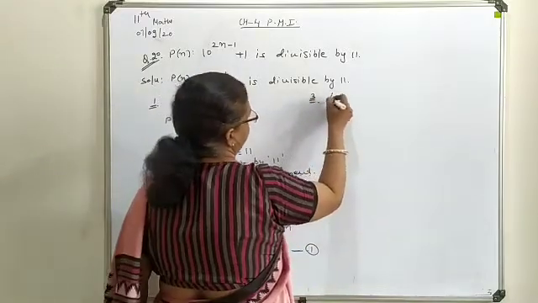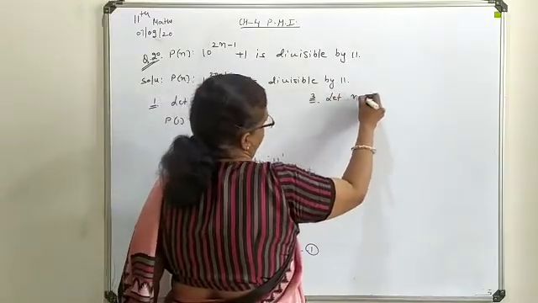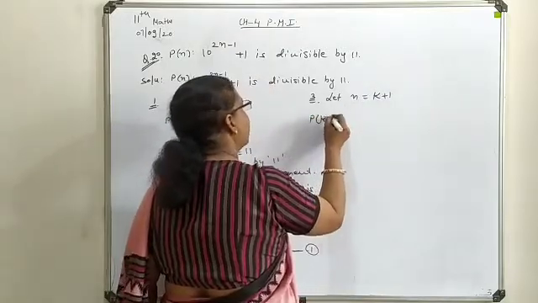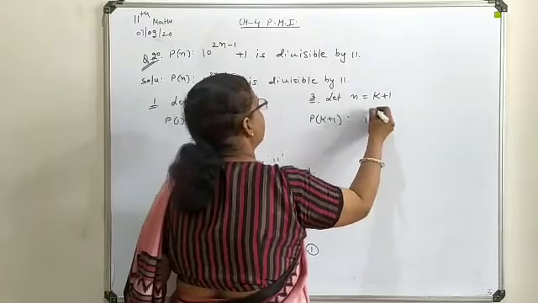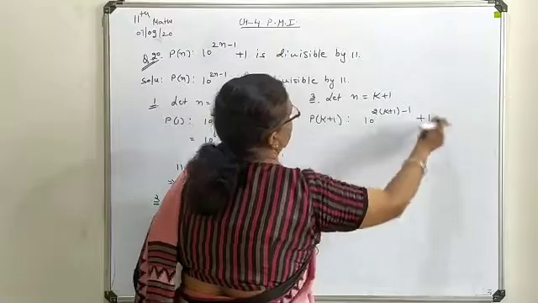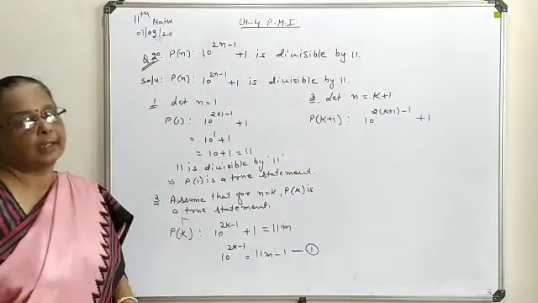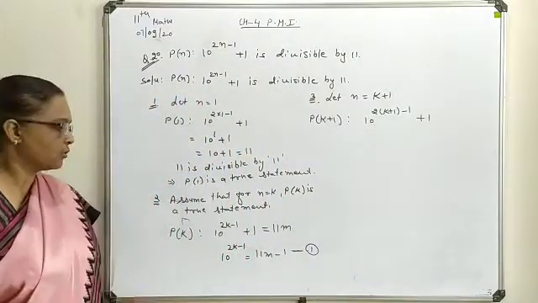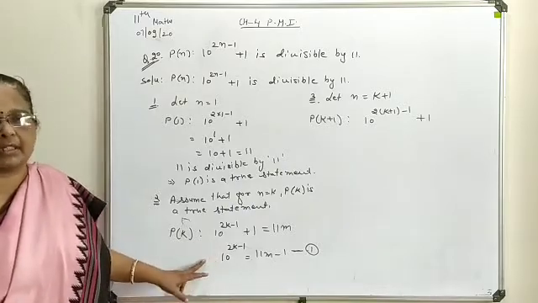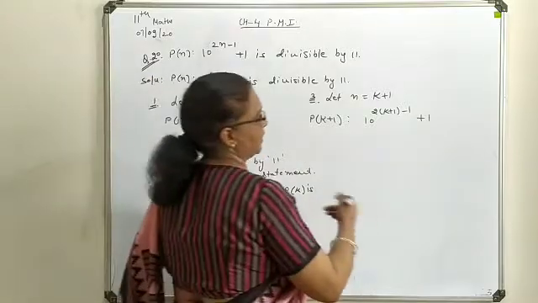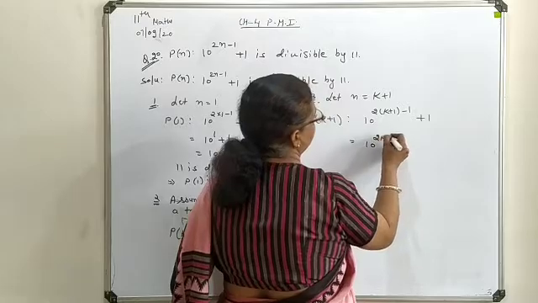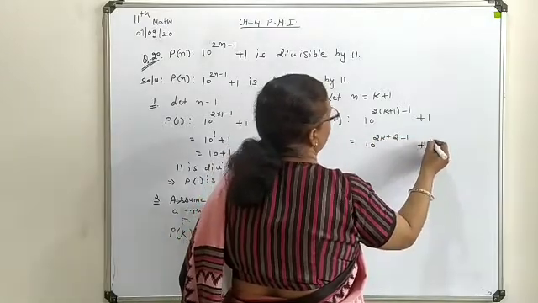Third, let n is equal to k plus 1. So your Pk plus 1 will come out as 10 to power 2(k plus 1) minus 1 plus 1. Now this whole expression you will show as a multiple of 11. For that purpose, the previous relation you can use. Everywhere the same method you will implement for all such types of combinations. So this is 10 to power 2k plus 2 minus 1 plus 1.